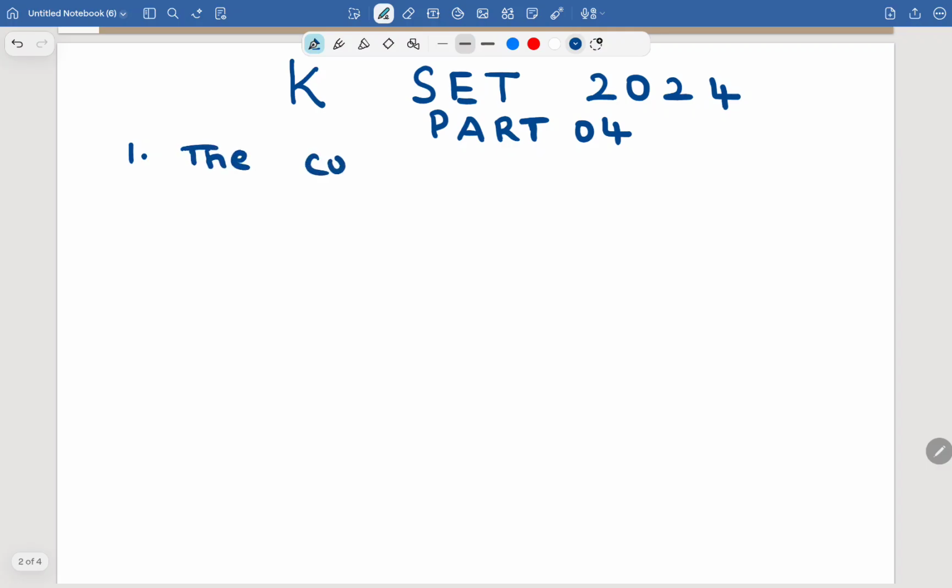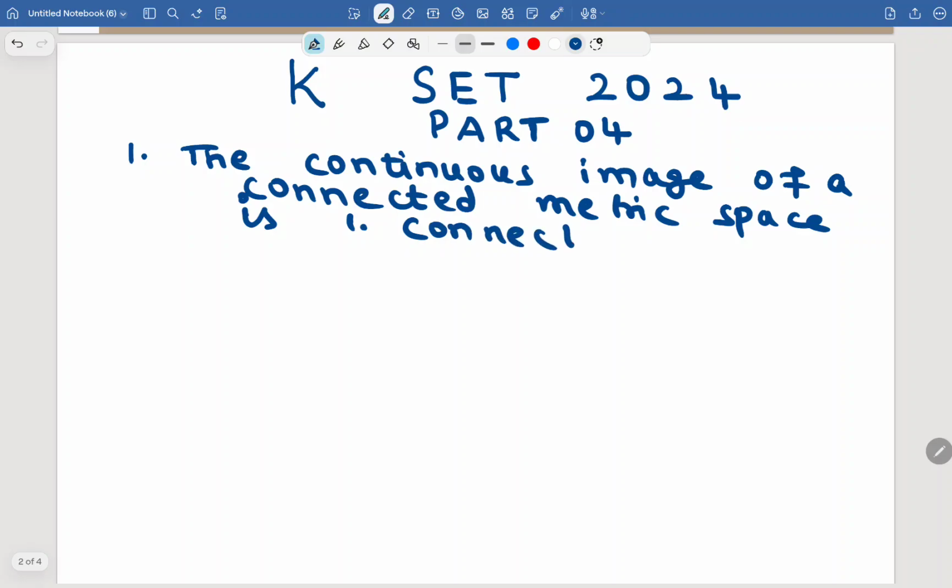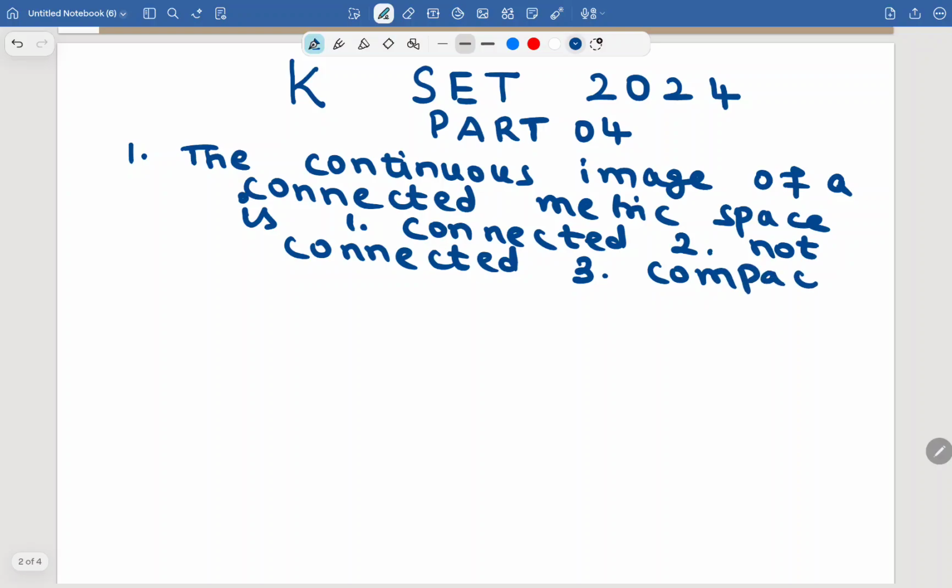The continuous image of a connected metric space is: option 1, connected; option 2, not connected; option 3, compact; option 4, not compact.